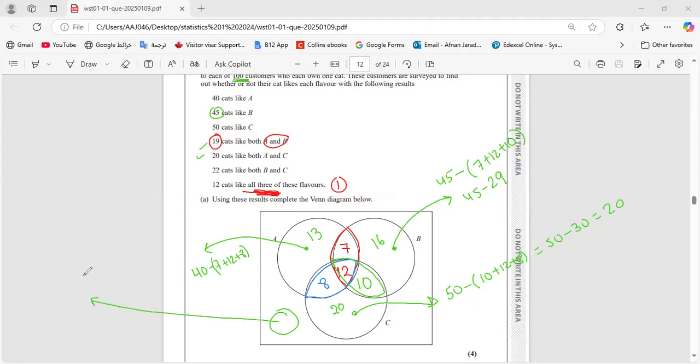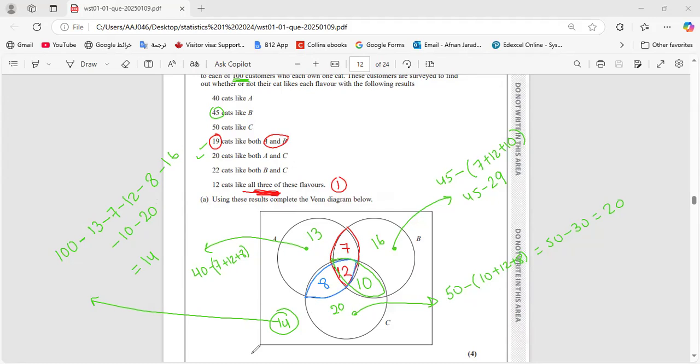So 100 minus 13, minus 7, minus 12, minus 8, minus 16, minus 10, minus 20, which equals 14. So the number outside is 14, by subtracting 100 minus the sum of the numbers inside circles.